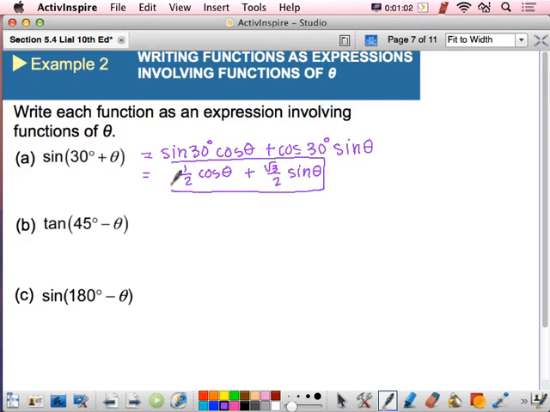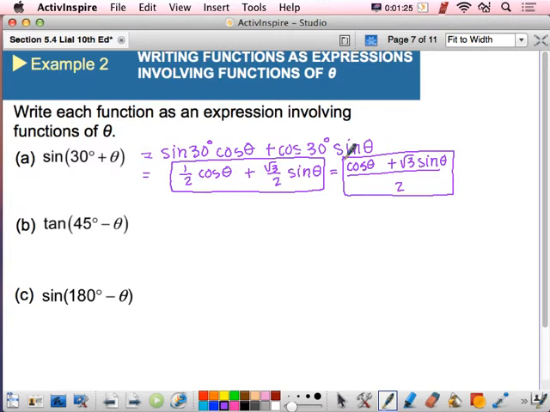What some books will do is they will let them share the 2 as a common denominator, and then simply put 1 cosine of theta plus square root of 3 sine of theta on top. So that's another option for how the final answer may look. And then the calculus book that I use actually does this, which I think is really strange.